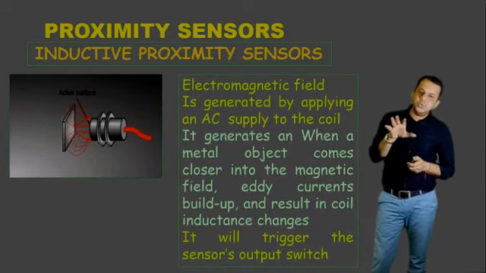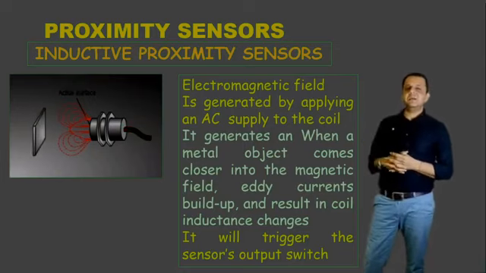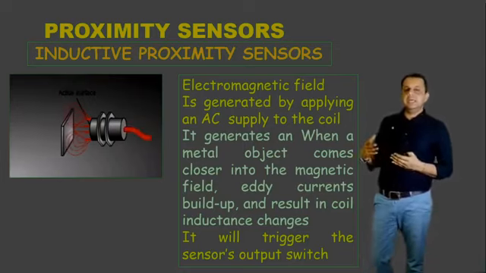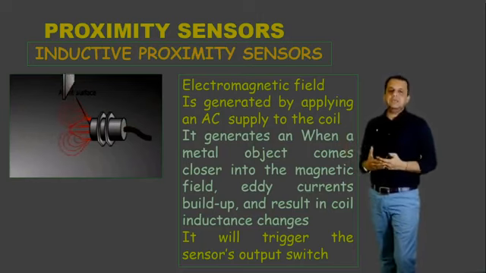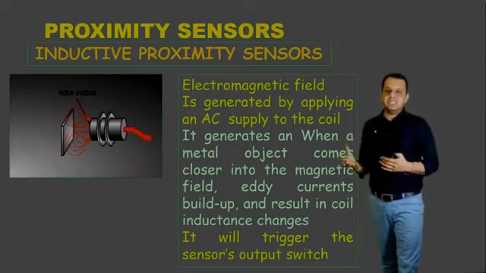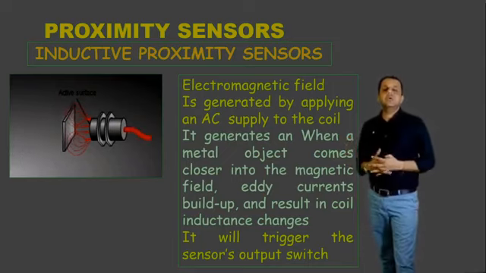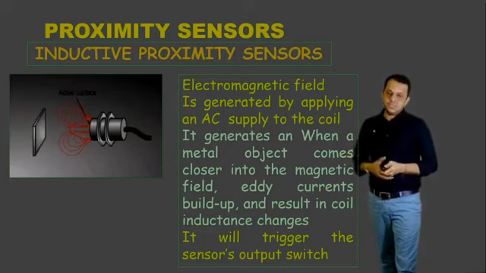So here we apply an electromagnetic field which is generated by an AC supply in the coil. And whenever a metal object comes closer to the magnetic field, as I said, eddy current will build up within the object and it will change the coil inductance and trigger the sensor output switch.